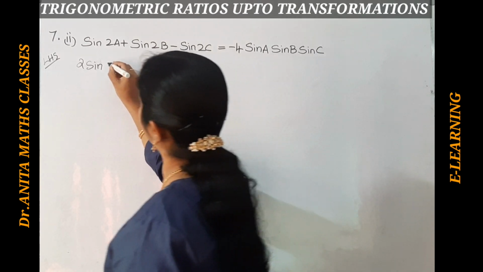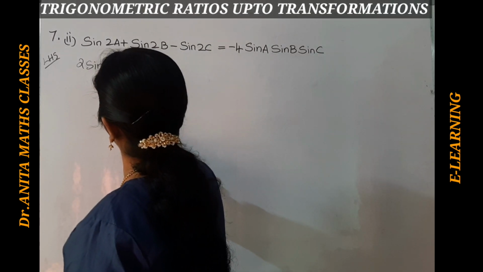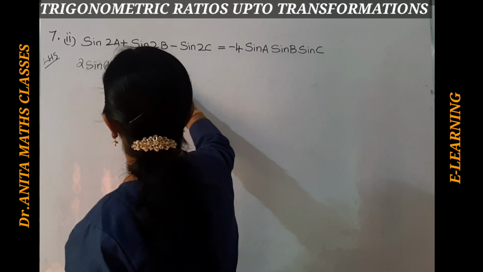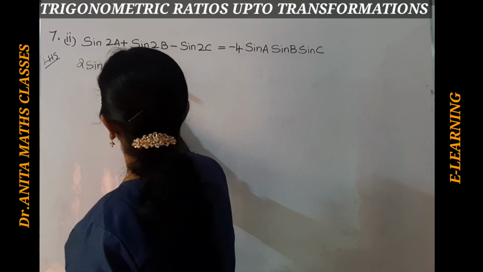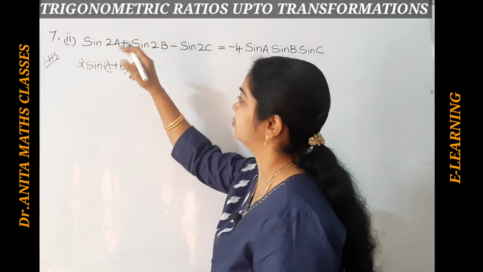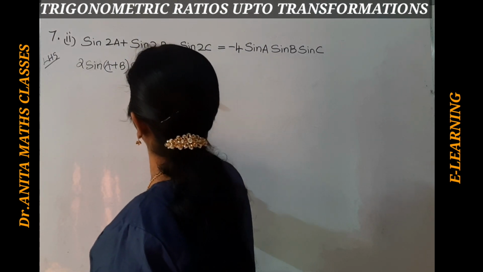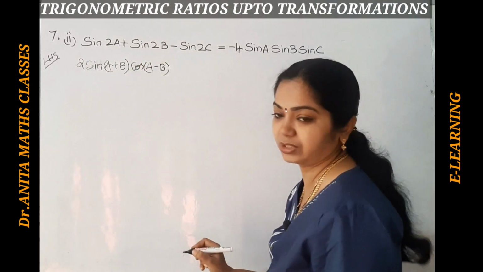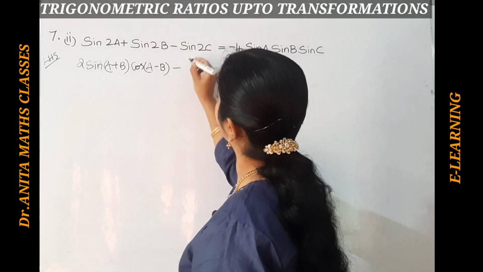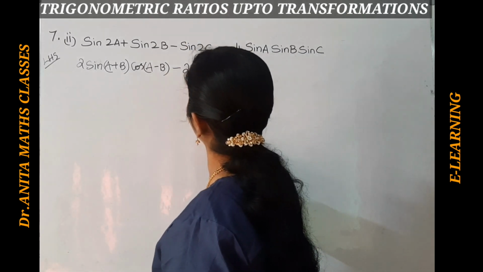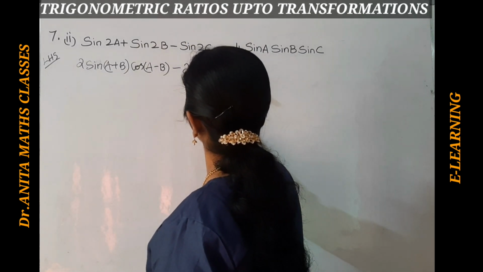If you cancel off 2, just A plus B, and sine, and here we get cos of A plus B by 2, so 2 gets cancelled off. So just A minus B by 2. We will expand this multiple angles formula to sine C cos C.